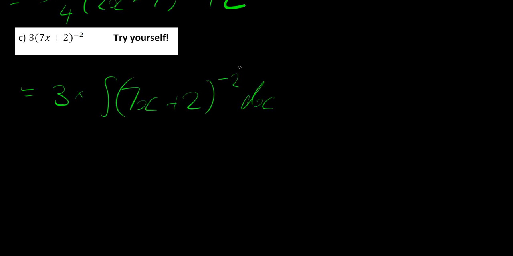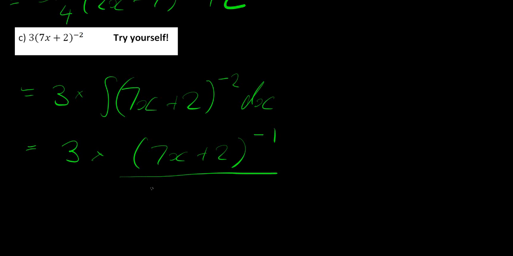And it doesn't matter if this n value here is positive or negative, we can still deal with it. So I'm going to get 3 multiplied by 7x plus 2, and we have negative 2 plus 1 over here, and that would be negative 1. Down at the bottom we have a, which is the coefficient of x, and we have n plus 1 again, so this is negative 1.